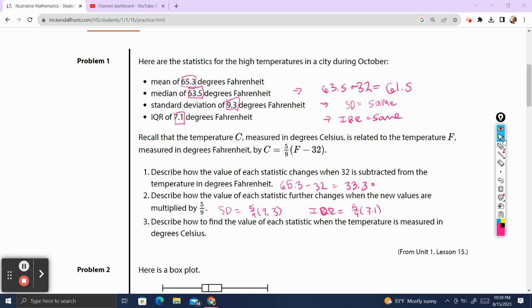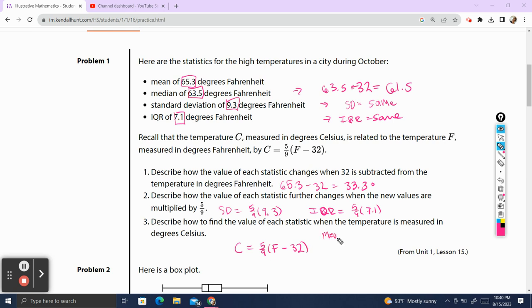Now it says, describe how to find the value of each statistic when the temperature is measured in degrees Celsius. Well, that's pretty straightforward. We have our formula, which is Celsius equals 5/9 times F minus 32. So for the mean and the median, we're just going to plug it in.